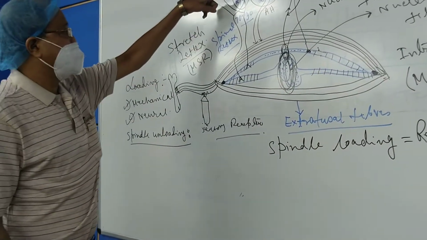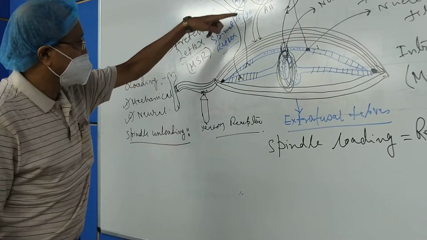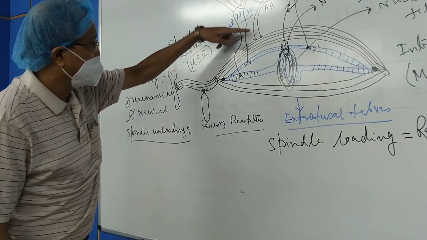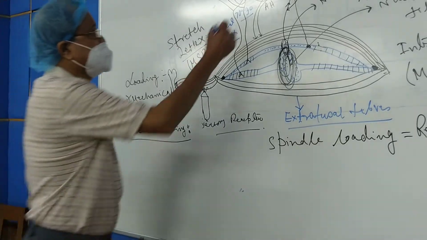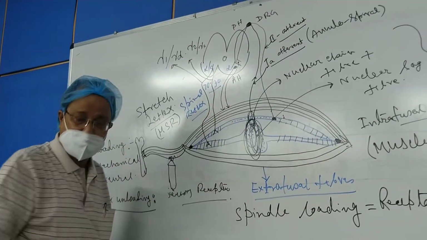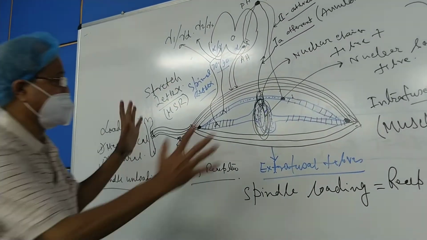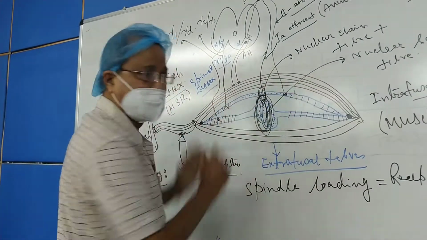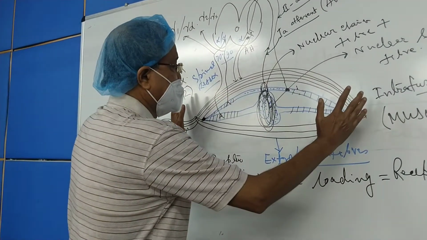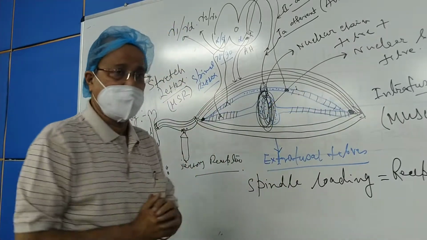Whenever there is increased alpha motor discharge to the extrafusal muscle fibers, there is contraction of the extrafusal muscle fibers. As a result, there is shortening of the extrafusal muscle fibers.